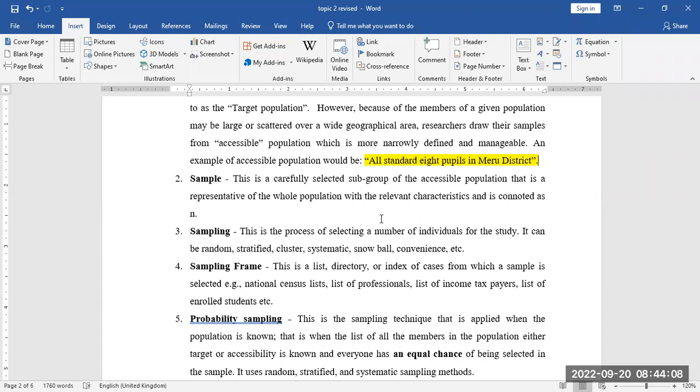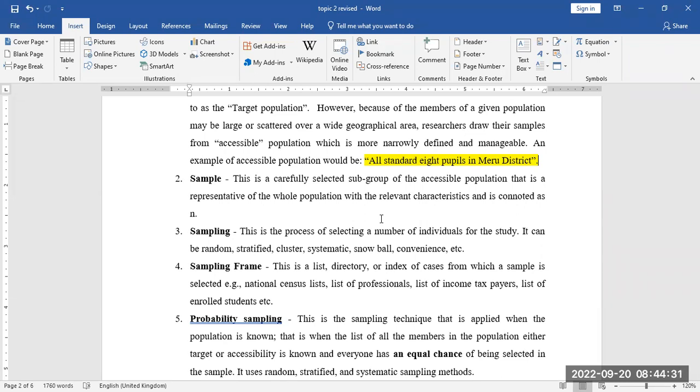So your population is Safaricom Kenya Limited, everybody that works there. And now maybe you want to get the sample. You have decided, I'm going to work on the management.